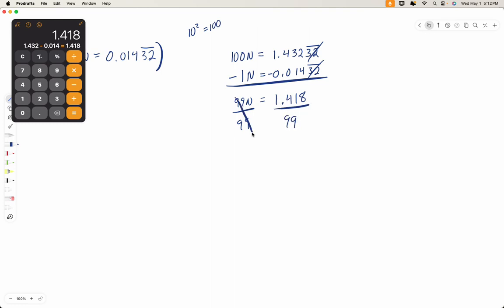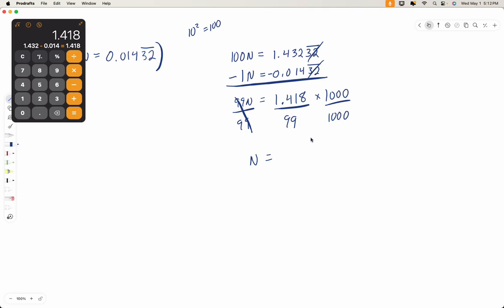But this would cancel. This has got 3 spaces. So we're going to multiply that by 10 to the third power, which is another way of writing 1, 2, 3. Whatever power you have, that's how many zeros you have. That's pretty straightforward.